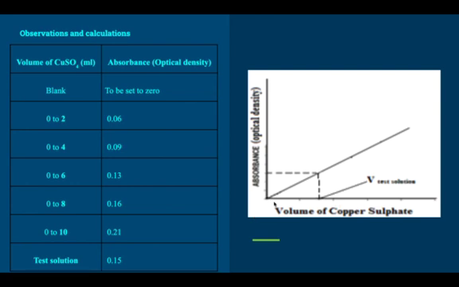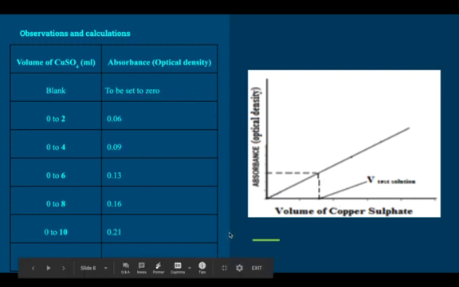When the volume of copper sulfate is 0, absorbance is 0, because absorbance is directly related to the concentration of copper sulfate according to Beer-Lambert's law. So you will get a calibration curve passing through the origin.